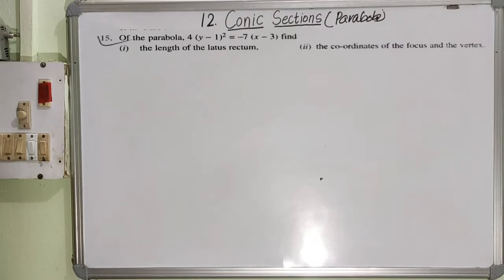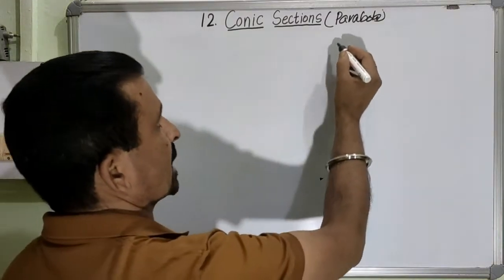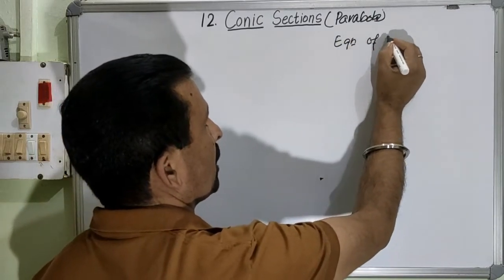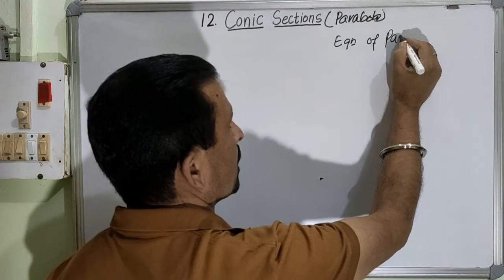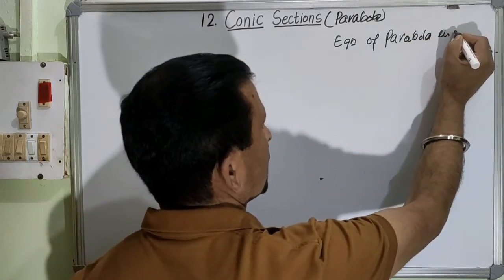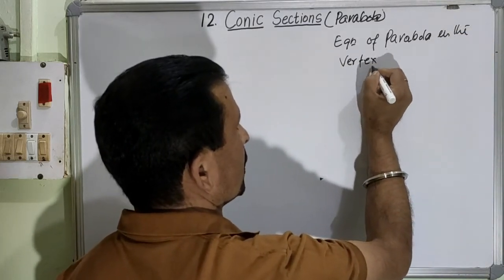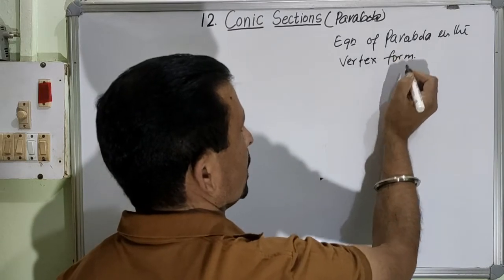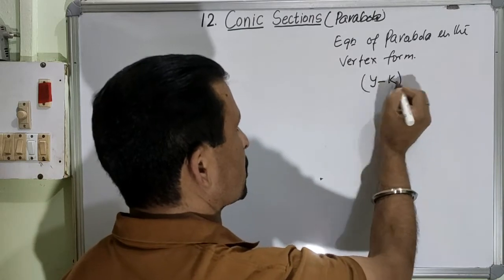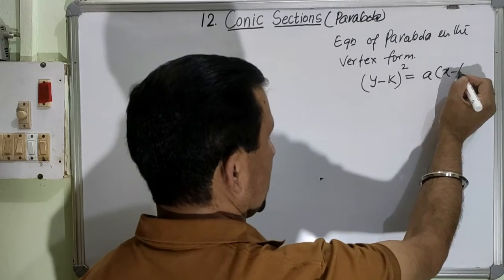Okay, so first of all, I will show you the equation of the parabola in the vertex form. We write this equation as (y minus k) whole square is equal to 4a times (x minus h).